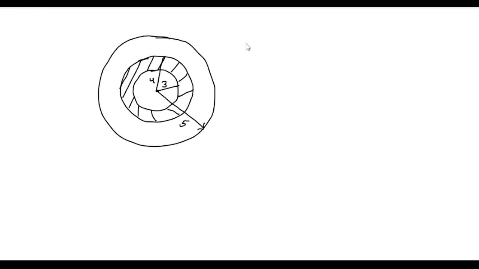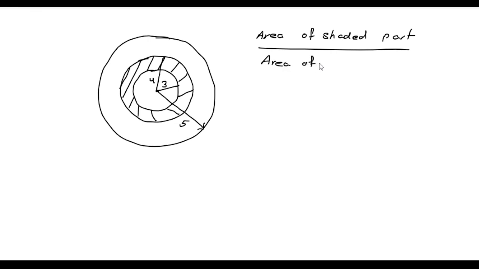Your problem is you have to tell me the ratio of the area of the shaded part divided by the area of the unshaded part. 3 marks.